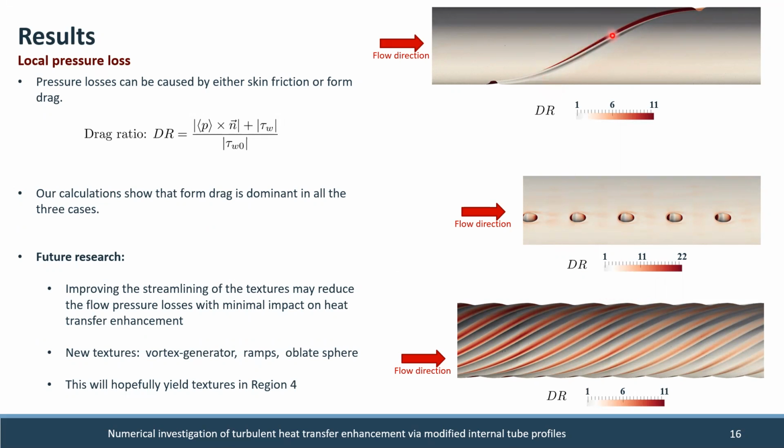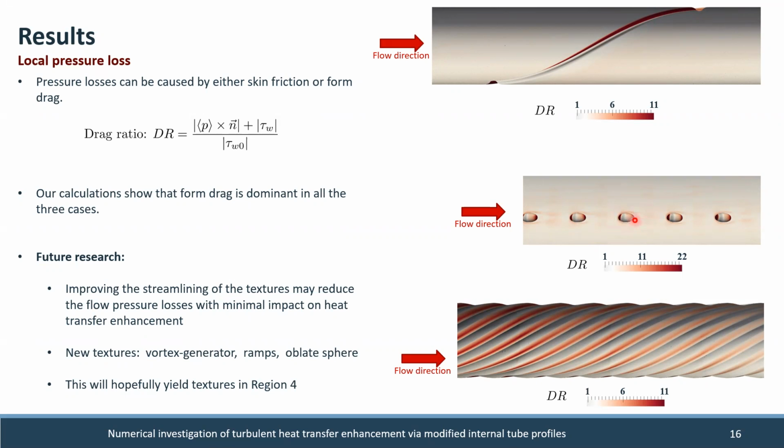For example, for the coil insert, you can see that we have a high value of dr upstream of the coil, which makes sense because we have a stagnation region there. For the dimple tube, we have high values of dr right on the crest of the dimples.